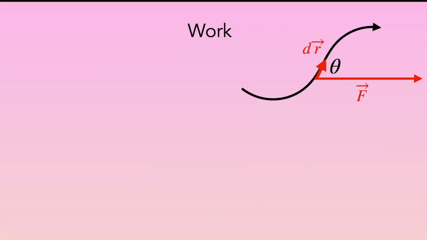Here's an example of what we're looking at. If you're pushing an object along that path, then when it moves a tiny bit in that direction, dr, the work is F dot dr: force times dr times the cosine of theta. Work ends up being a scalar, so it's not a vector.